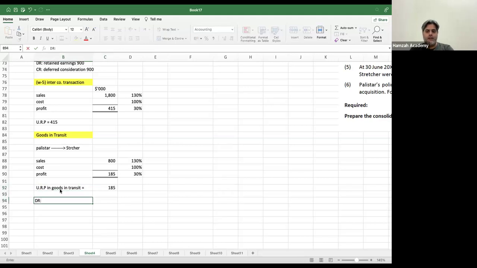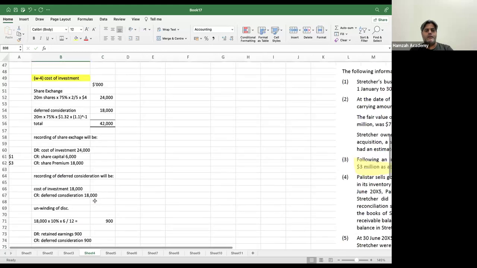So I will again debit, when the transaction is going to complete over here, I'm going to debit the retained earnings with 185, and then I'm going to credit the inventory with 185 over here. So 415 plus 185, let's just do the total. Unrealized profit 185 plus 415, 600.